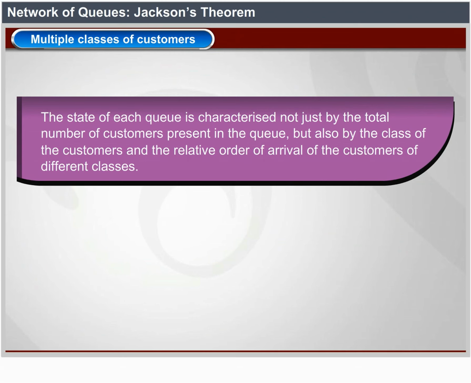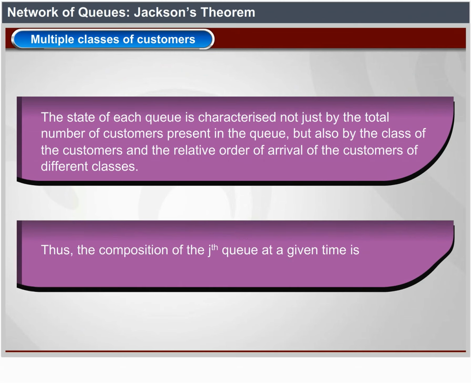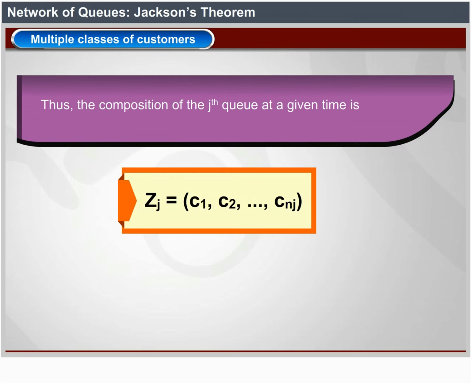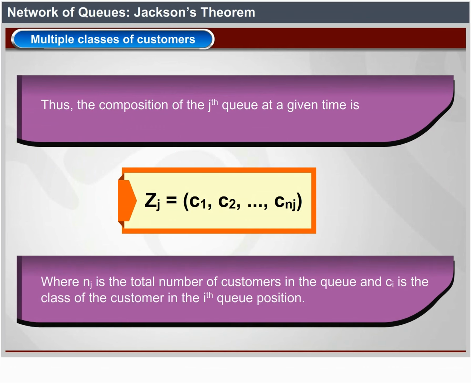Thus, the composition of the jth queue at a given time is Zj is equal to c1, c2 to c nj, where nj is the total number of customers in the queue and ci is the class of the customer in the ith queue position.